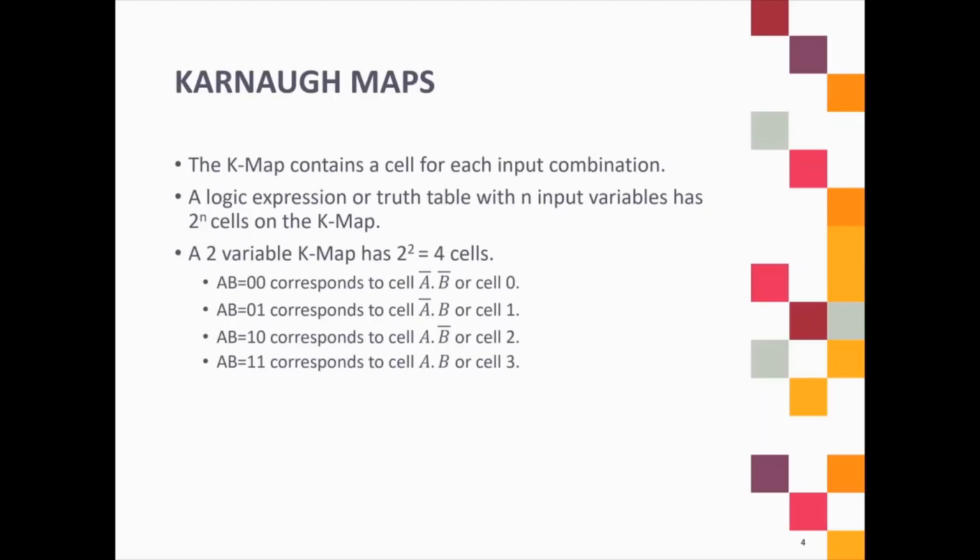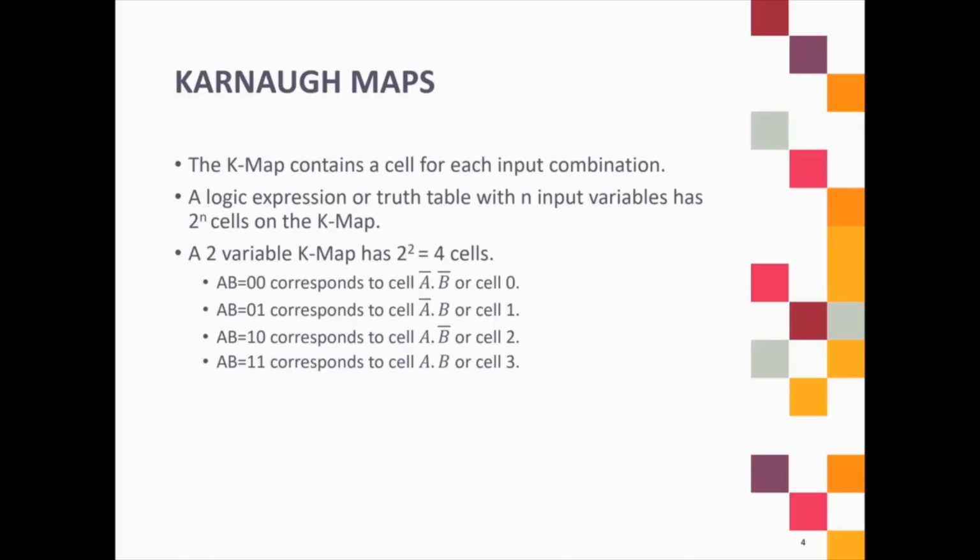So the first thing that you need to know is the number of cells for K-map, based on the number of variables. For example, if you have 2 variables for your truth table, it means that the K-map must have 4 cells.